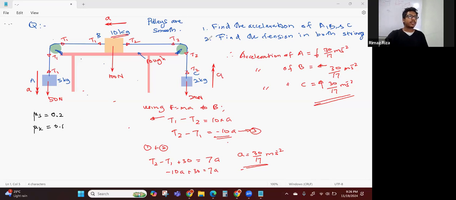You have to find the acceleration of A, B and C and find the tension in both strings, considering the table is rough. That is what I assigned you as homework.